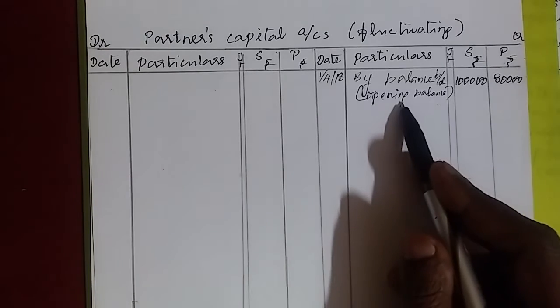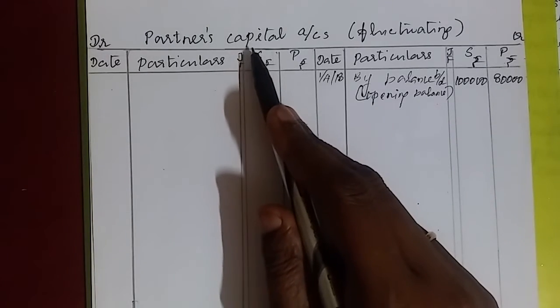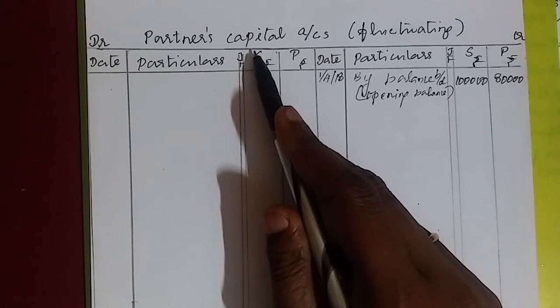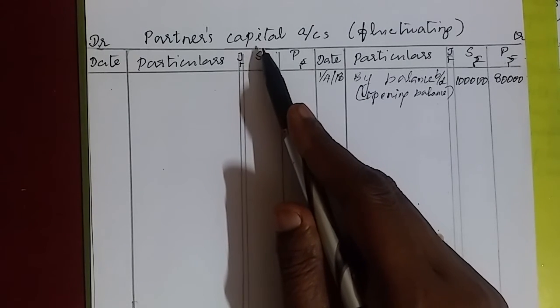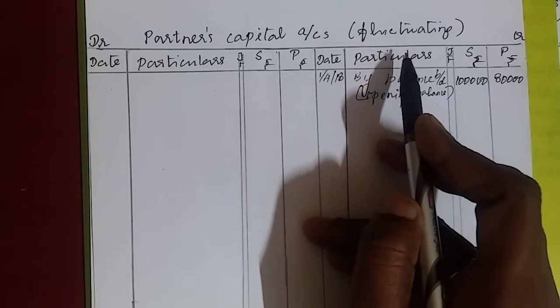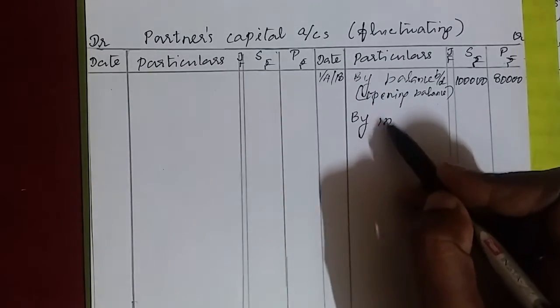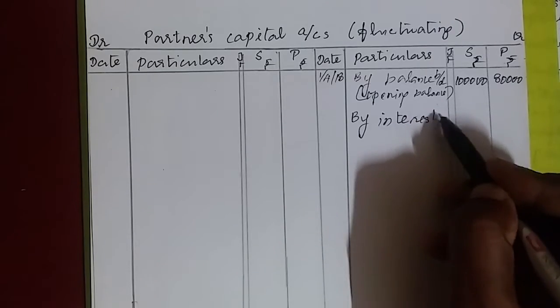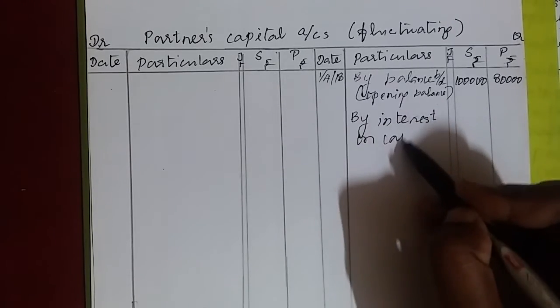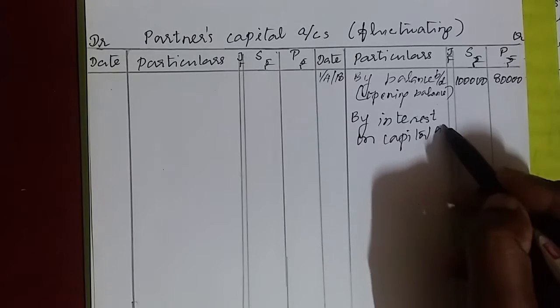Clear? We have written what? Opening balance of capital. Just forget the P&L appropriation and do remember the partner's capital account format. And next one is by interest on capital account.